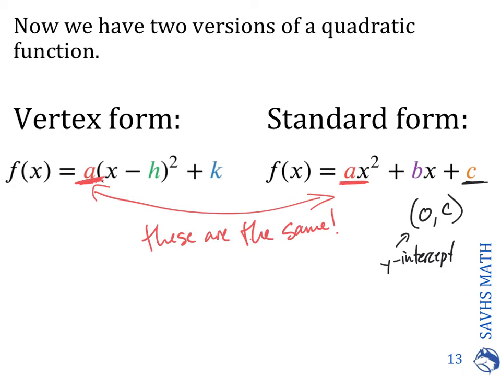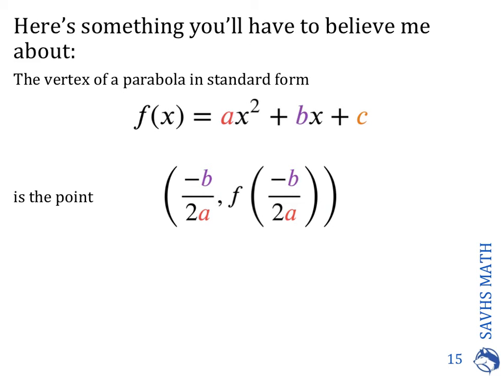So let's jump into how we would find those features from standard form without a calculator. I know the book is tending to use y equals, and I use y equals a lot of the time, but just remember that f of x basically means the same thing as y equals. It just allows us to tell you what you're putting in.